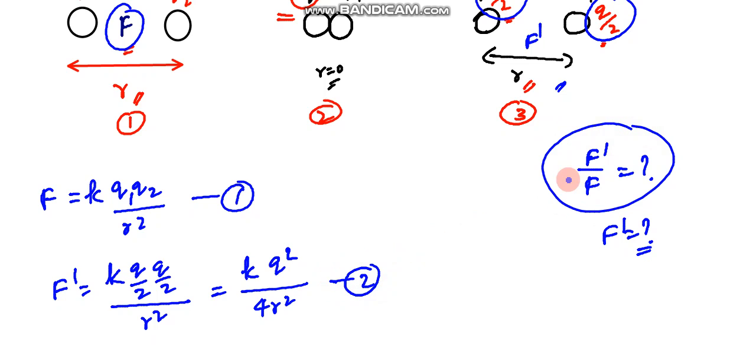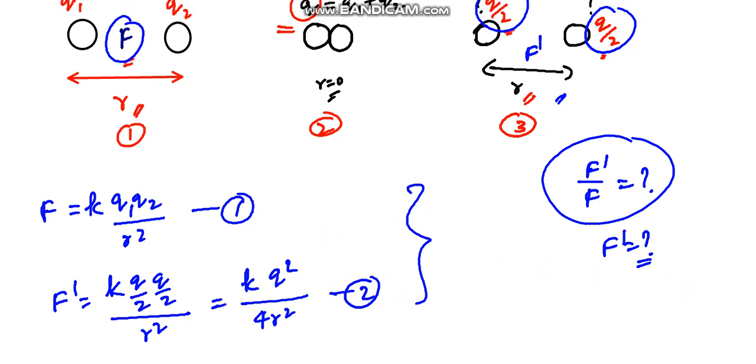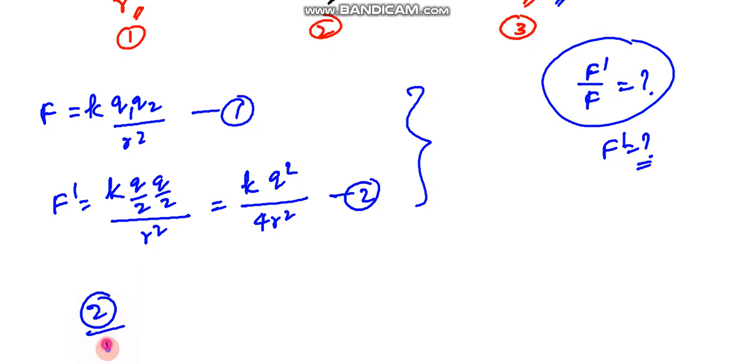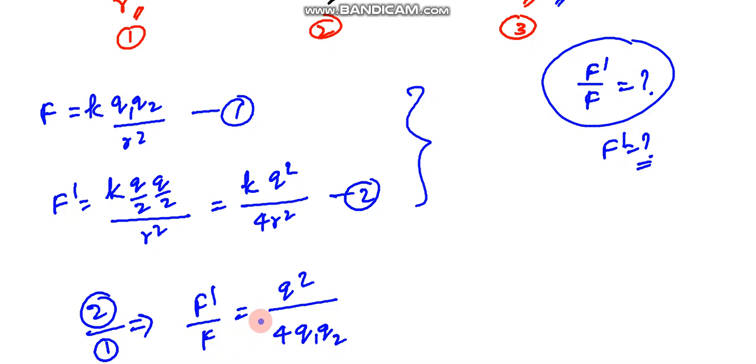Now you can find F dash by F, right? What you have to do? Just divide equation 2 by equation 1. So what do you get? F dash by F is equal to, if you divide, k gets cancelled and r square gets cancelled, and you are left with q square and 4 q1 q2, correct? Okay, q square divided by 4 q1 q2. But can you write this q square in terms of q1 and q2?